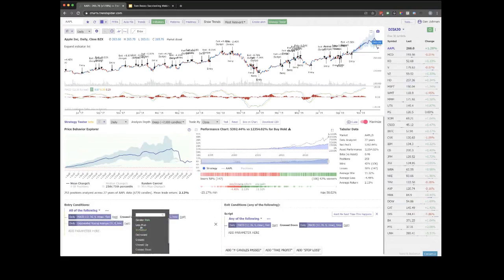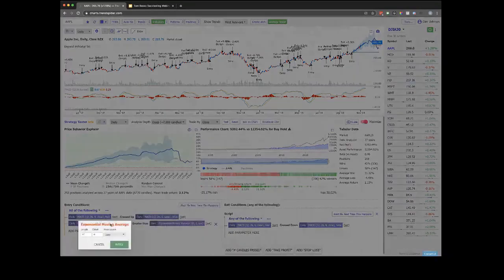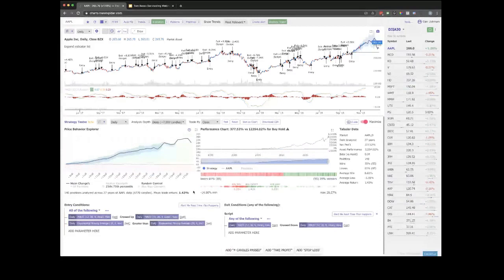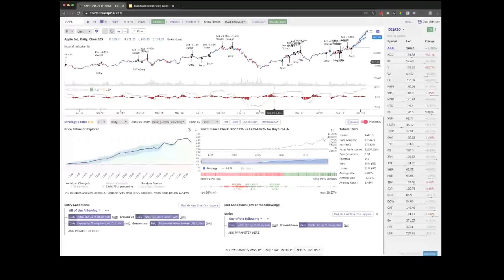For example, one EMA is above another EMA, and we can do the 10 EMA above the 50, or whatever we can dream up, and repeat the test and see how that affects our results. In this case, it actually hurt our results, and we started to perform a little bit worse. When I click See on Chart here, it's going to refresh this and update it to include all the new trades that are part of that strategy.